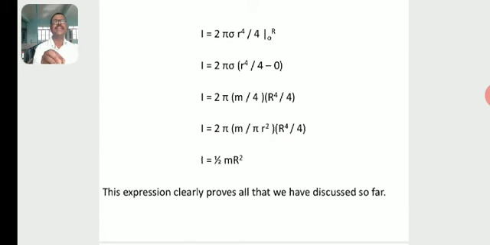This expression clearly proves all that we have discussed so far. This is the expression for the moment of inertia of a disk about an axis passing through its center and perpendicular to its plane. So I is equal to half m r square.